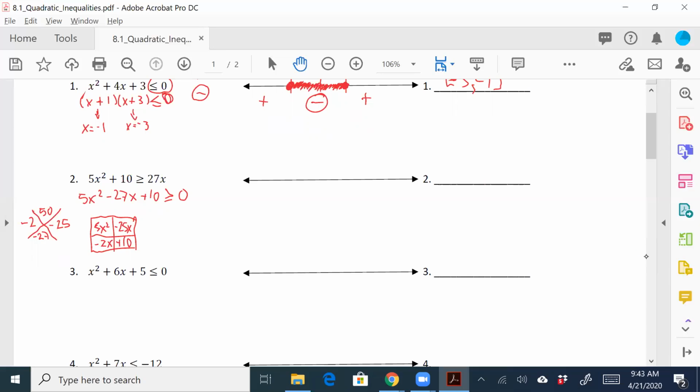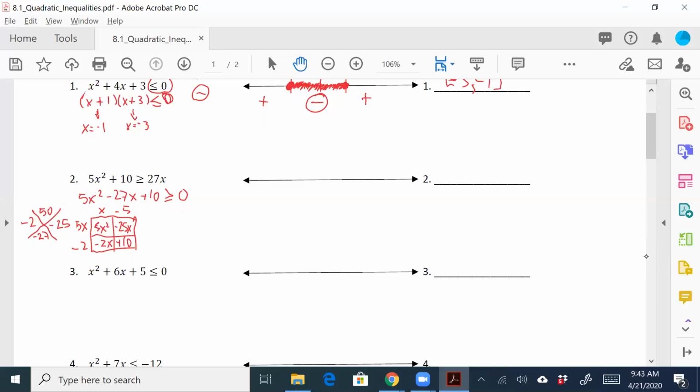So over here, I see what's the greatest common factor between 5x squared and minus 25x, and that would be 5x. 5x times x would give me the 5x squared, and 5x times negative 5 would give me the negative 25x. And then x times minus 2 would be negative 2x, and negative 2 times negative 5 would be positive 10. So it works all the way around.